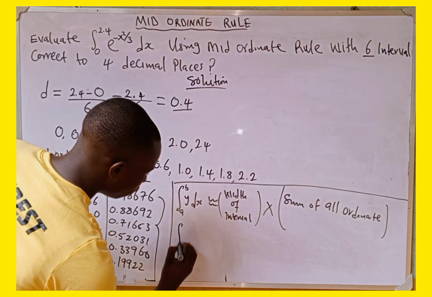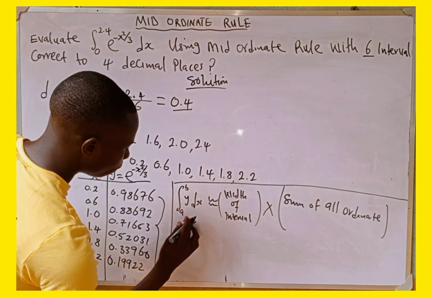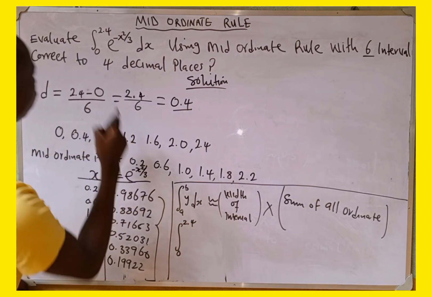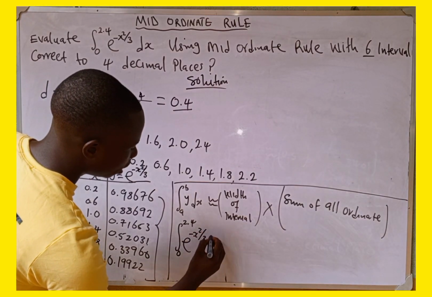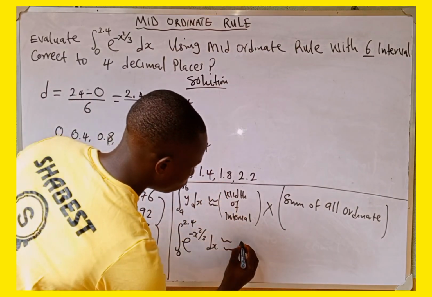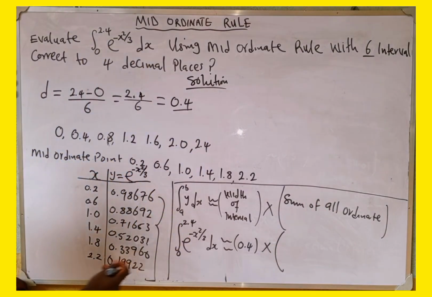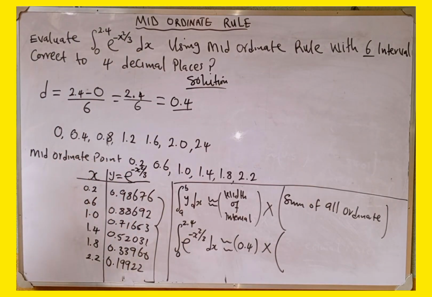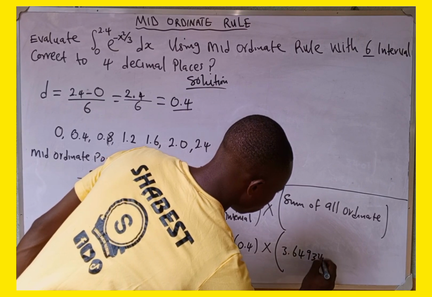So the integral given is the integral from 0 to 2.4 of the function exponential of minus x squared over 3 dx, which is approximately the width of the interval, which is 0.4, multiplied by the sum of all ordinates. If you sum all these ordinates together, we get 3.64934.